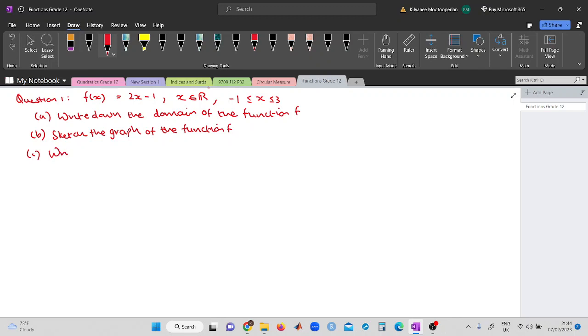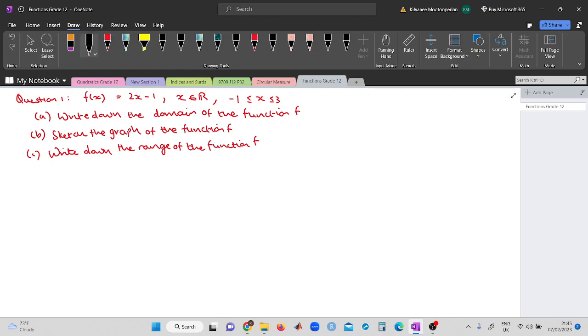C. Write down the range of the function f. Okay, so as a reminder, for a function the domain will always be the x values and the range will be the f of x or the y, depending on the question.